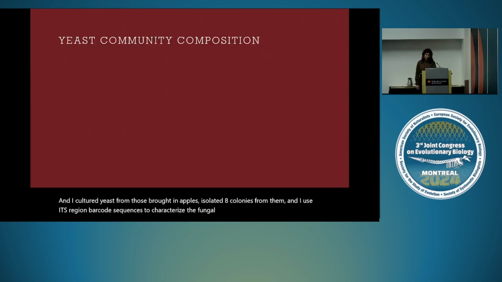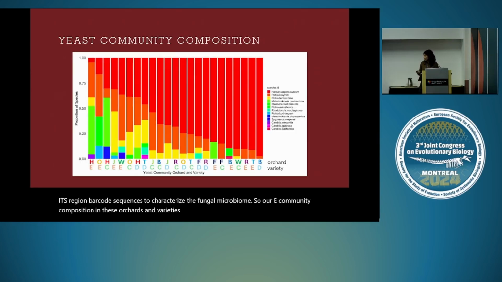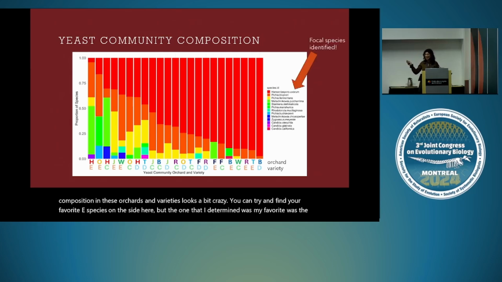So our yeast community composition in these orchards and varieties looks a bit crazy. You can try and find your favorite yeast species on the side here, but the one that I determined was my favorite was the one that's the most abundant, because I thought that this would be the perfect focal species to zoom in on later.